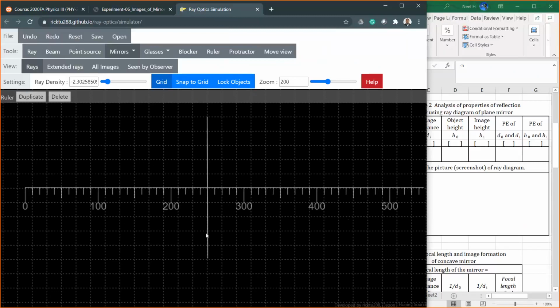Now in terms of measuring with this meter ruler, you see the numbers, right? 100, 200, 300, those numbers are in pixels, technically not very meaningful. Therefore, we're going to consider each small line right here to be about 10 millimeters, or maybe 1 centimeter.